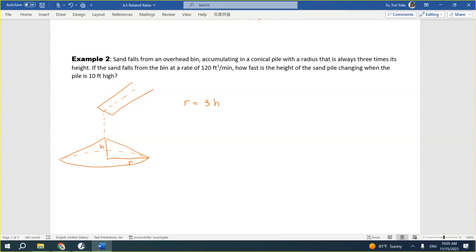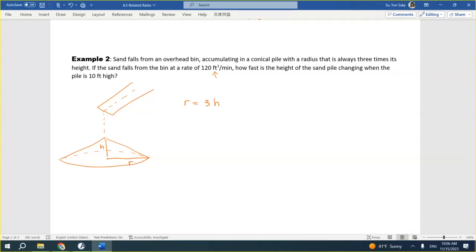If the sand falls from the bin at a rate of 120 cubic feet per minute, do you see here? Sometimes from the unit you can see what quantity it is. If it's only feet, then you know this is a length, right? If it's square feet, then you know this is an area, right?